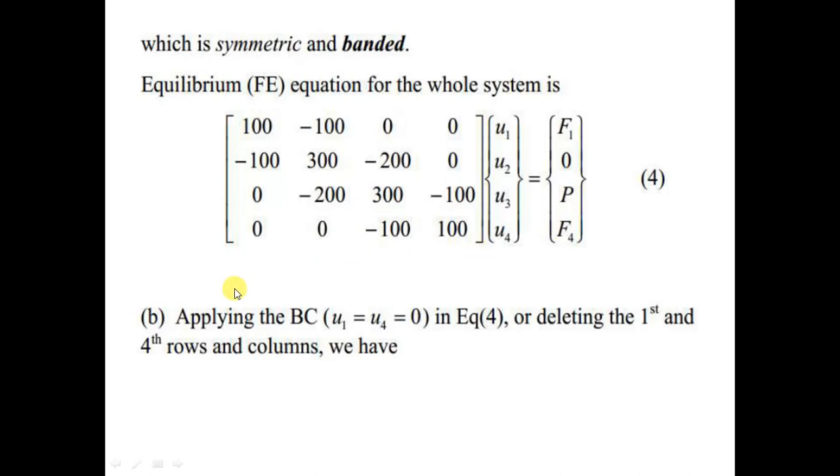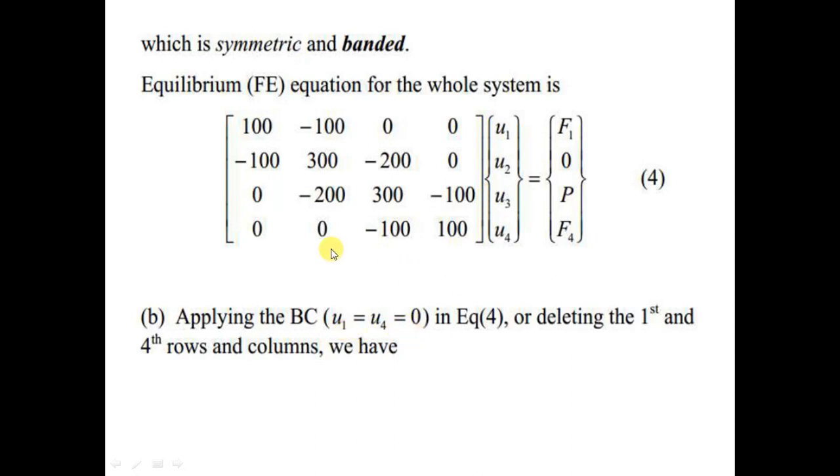Now applying the boundary conditions. The boundary conditions are given that node number 1 and node number 4 are constrained, so the displacement at node 1 and node 4 will be 0. Remember that, because boundary conditions are very important. So U1 is equal to U4 is equal to 0.